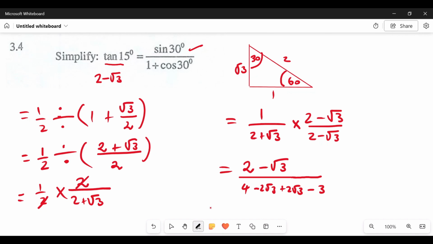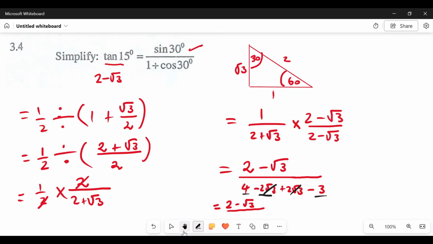Right, so let's continue. When you continue here, on the numerator, we're going to have 2 minus root 3. But on the denominator, we have the like terms. So let me highlight the like terms very quickly. So we have negative 2 root 3 and positive 2 root 3. So these ones, they will cancel each other. But at the same time, we have 4 minus 3.